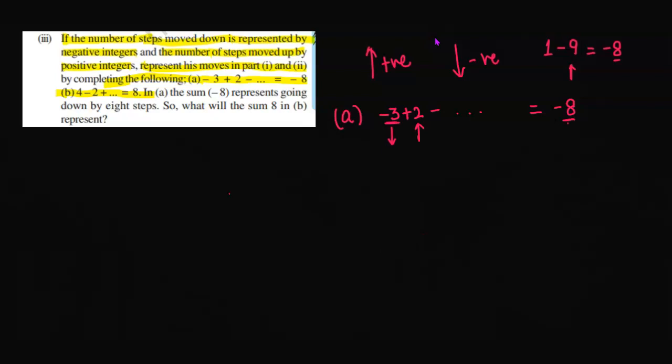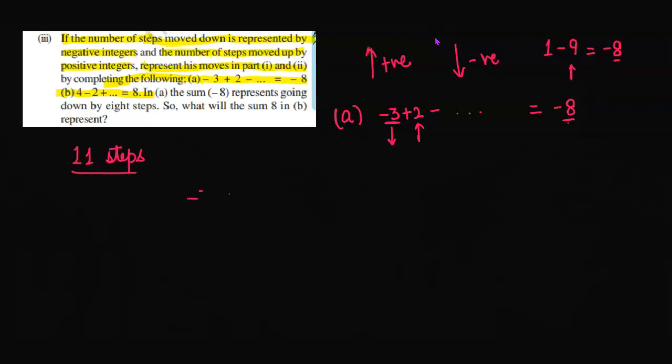So notice here that negative 3 is the steps he is moving in the downwards direction and positive 2 he is moving in the upwards direction. So he has made in all 11 steps. So we will be adding according to these 11 steps only.